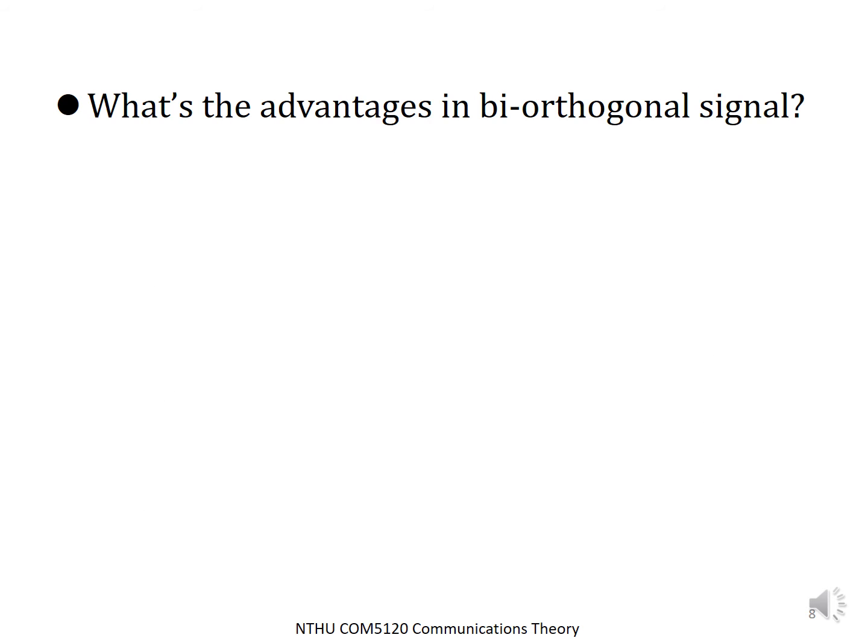Let's do a summary. What is the advantage in bi-orthogonal signals? First is the complexity saving, right? The transmitter architecture is reduced by 50% of the hardware complexity because the number of bases is cut in half, and the receiver architecture is reduced by 50% for the same reason.